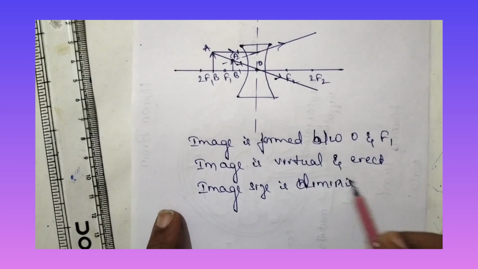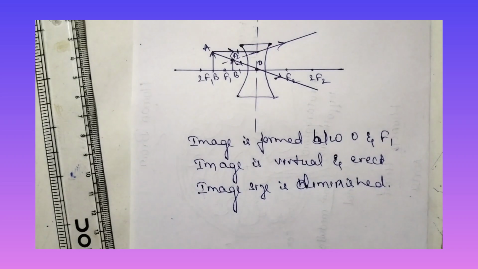Second case, the image size is diminished. So these are the ray diagrams that we have to write: for convex lens, 6 ray diagrams, and for concave lens, 2 ray diagrams. So all the ray diagrams related to mirror and lens are finished.